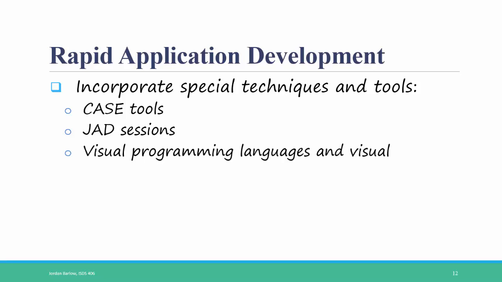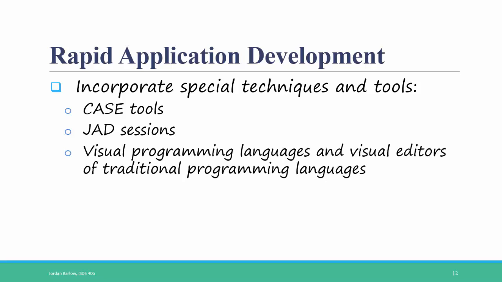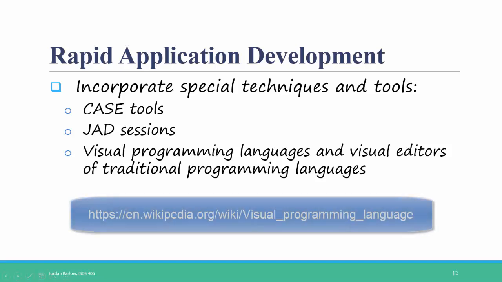Another tool that has helped with rapid application development is visual programming languages and visual editors of traditional programming languages. These are tools that allow you to program visually, which brings the design and implementation phases closer together. If you are interested in learning more about visual programming languages, I recommend the Wikipedia page titled Visual Programming Language.